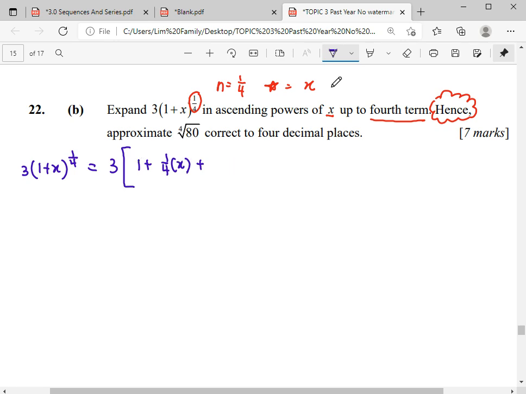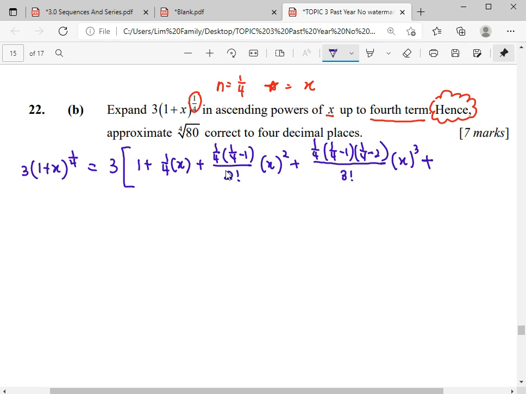How far do we want to expand? We read the question, and it says up to the fourth term. So we will expand until the fourth term, then we stop. For the third term, it will be n times n minus 1, divided by 2 factorial, and the thing we want to expand is x, so x squared. Continuing to our fourth term, n times n minus 1 times n minus 2, divided by 3 factorial, x to the power 3.